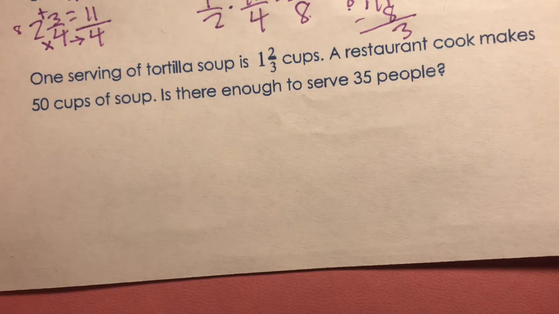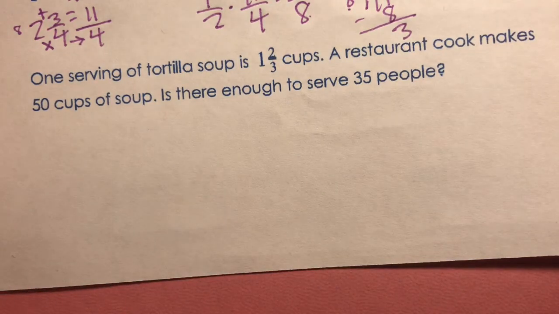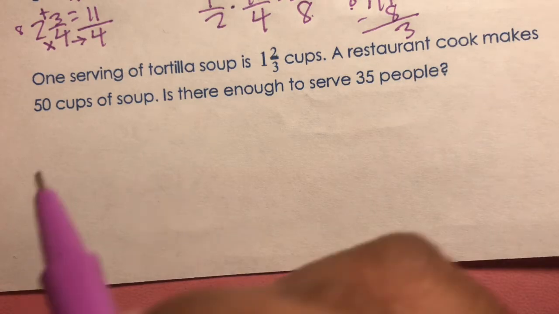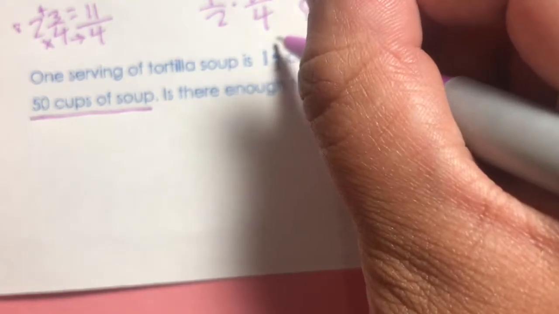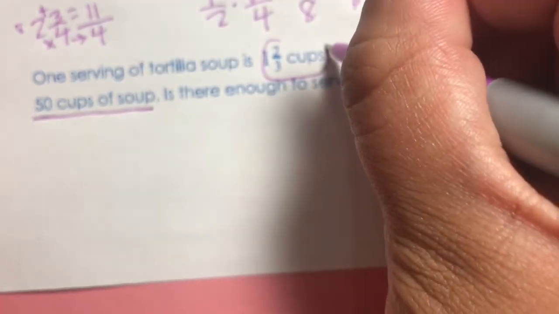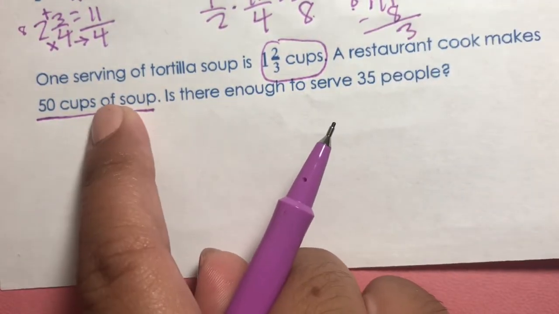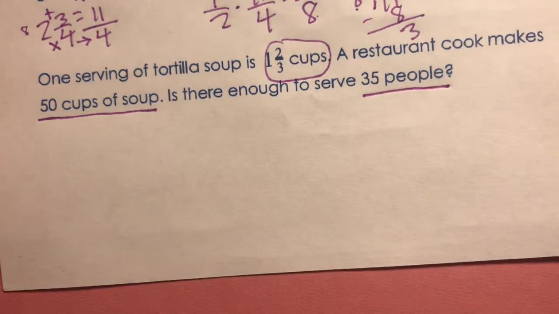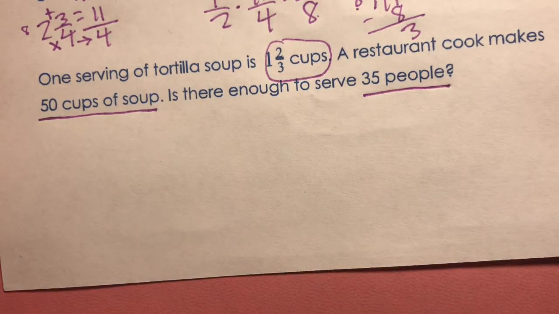In order to figure out if there's enough to serve 35 people, we have 50 cups of soup. And remember, when you have a word problem and there's a lot of information going on, figure out what is important. Each serving is 1 2/3 cups, and each person gets 1 serving.